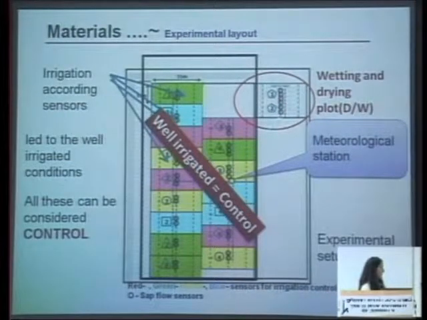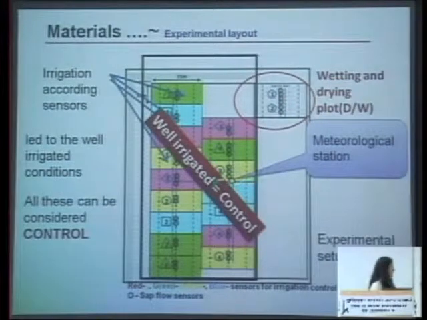We have one different plot with 6 trees, in a different part of the orchard, and in this plot we stop the water for a certain period of time. It is special because we have just the two comparison, a well irrigated and a drying and wetting plot, and all these plots can be considered as control plots for the drying and wetting plot.